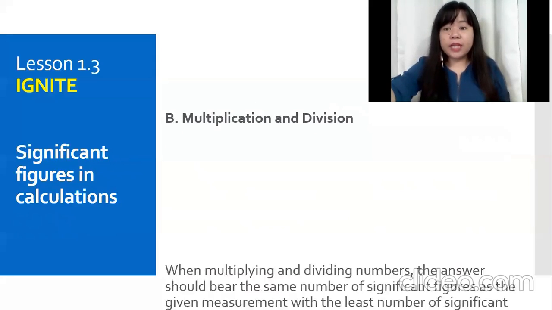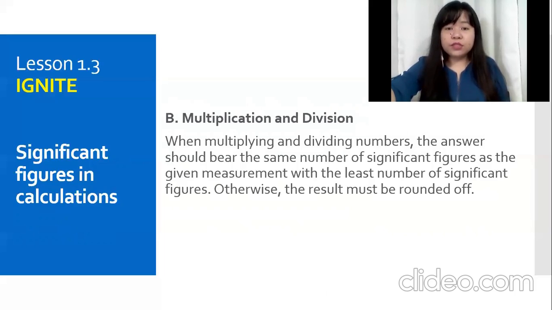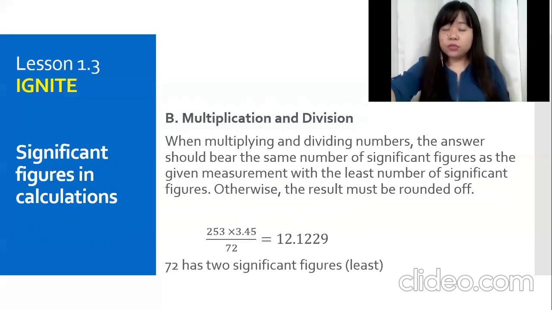For multiplication and division, the answer should bear the same number of significant figures as the given measurement with the least number of significant figures. For example, 253 times 3.45 over 72 gives the following result. However, 72 only has 2 significant figures, which is the least among all of the other measurements there.